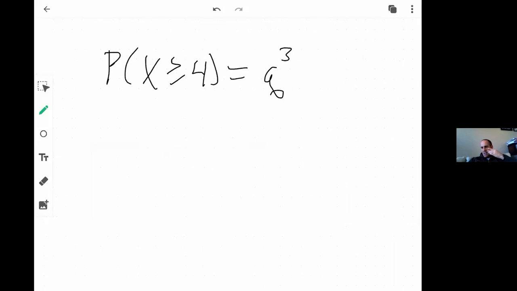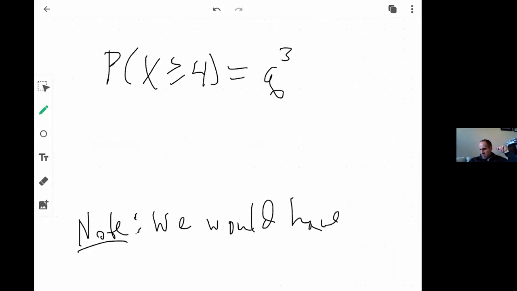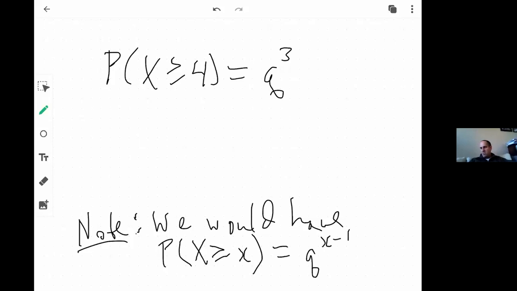Like for instance, note the following: the probability that x is equal to or greater than any little x would be equal to q to the x minus 1 by the exact same argument we just gave. There was nothing special about 4, okay? We could have made that exact same argument in this case.